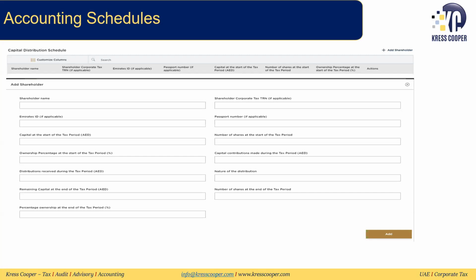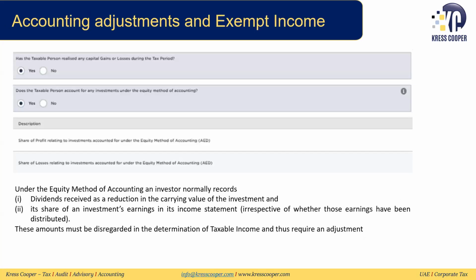This will probably repopulate again next year in your return, and you can make some amendments through the schedule if the percentages have changed during the year.